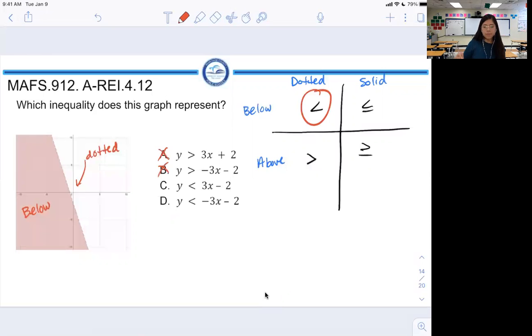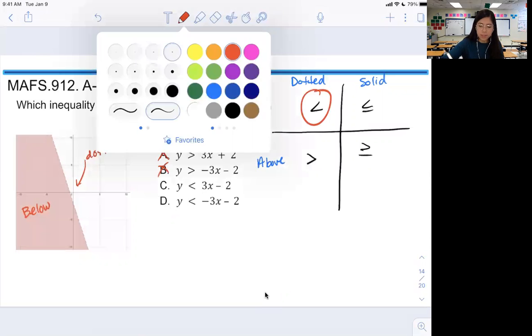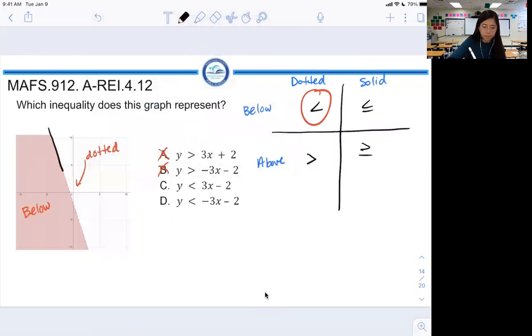And then one of them has positive 3x and one has negative 3x, and that's talking about the slope. The slope of this line is negative. So I know that answer choice D is my answer.